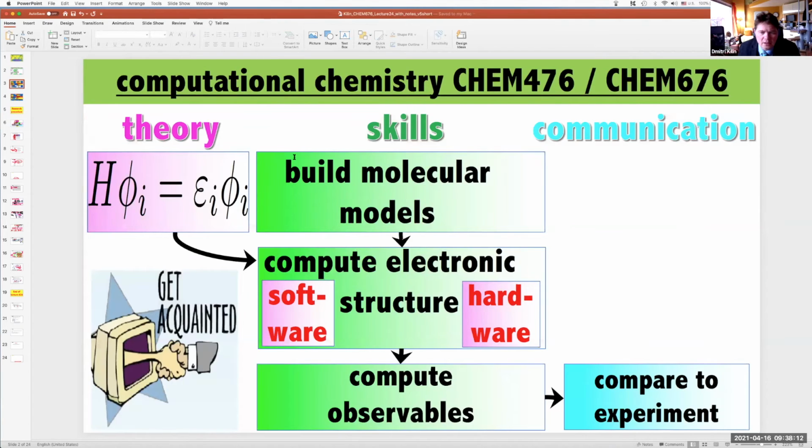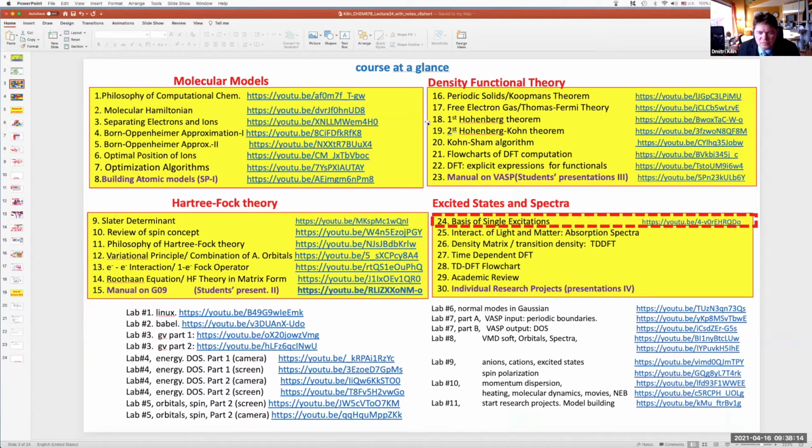We completed the manual on VASP, and we have several lectures like single excitations, and then we will try to get the flow chart for time-dependent density functional theory in the same way as we did for other theories.